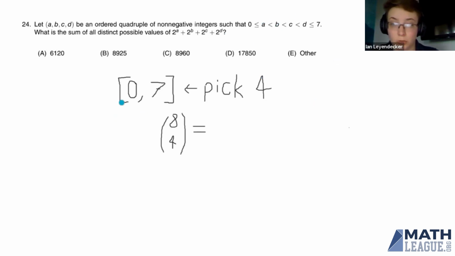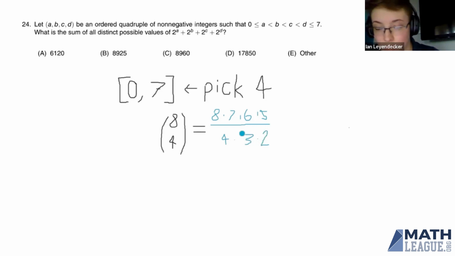So picking 4 from this interval, there are 8 numbers total, so 8 choose 4. Y'all should know it, but it's 8 times 7 times 6 times 5, divided by 4 times 3 times 2. 3 times 2 is 6.